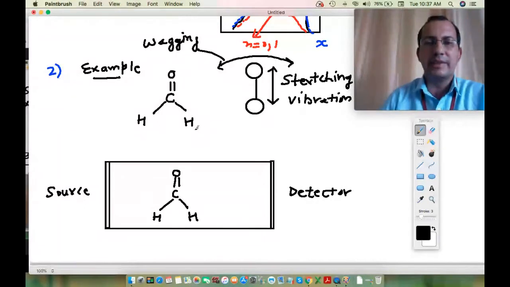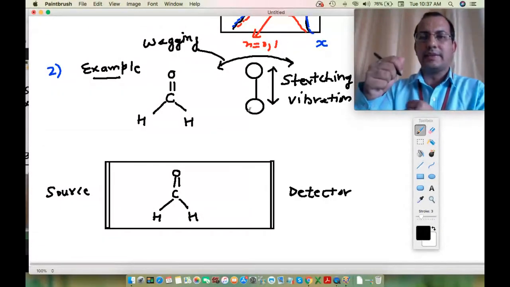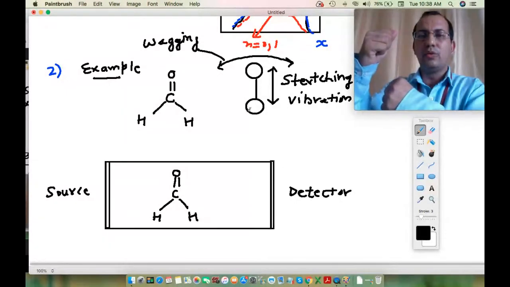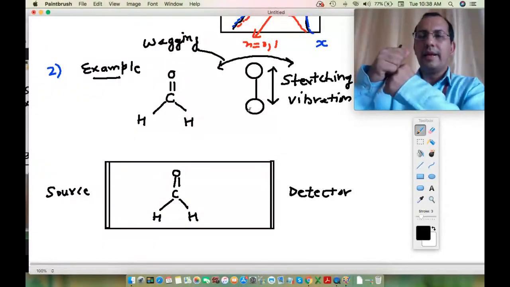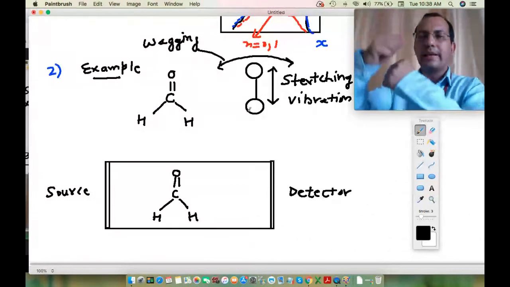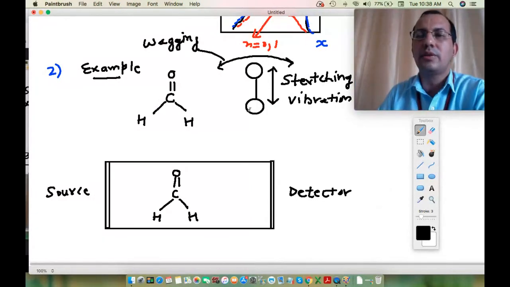So let's say that this is the stretching. If you have a molecule like two dumbbells like this, when they go once and then they come back, that will correspond to 1 hertz. And if it goes 2 times, then in that case you will say it is 2 hertz.